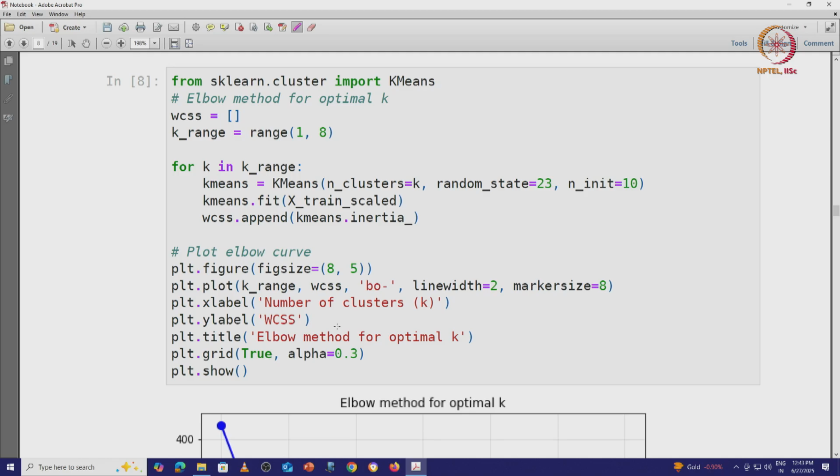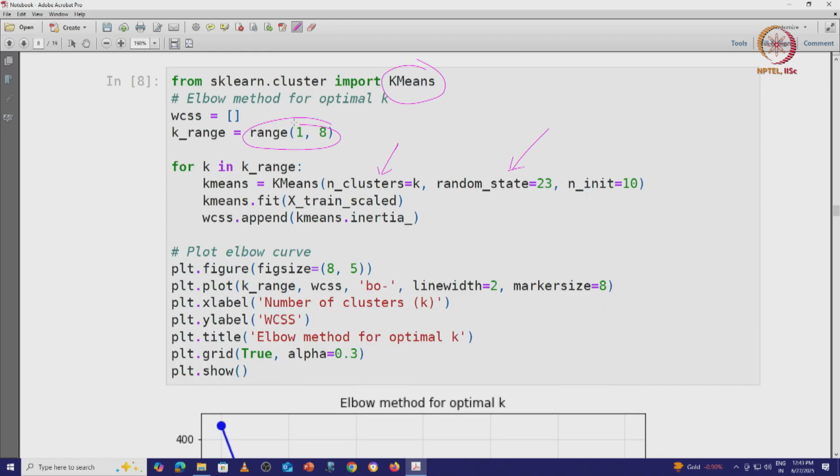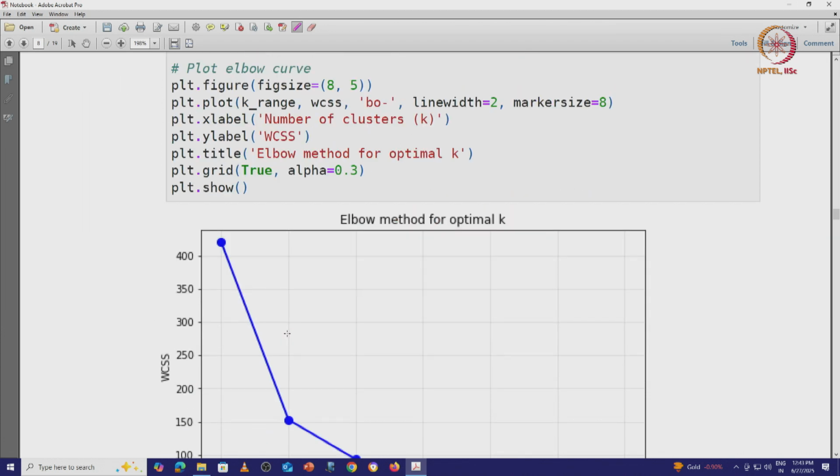Again, implementing it in Python is very easy. There are inbuilt functions, but you should try to do this on your own. Here, specifying the random state is important for reproducibility, and then the number of clusters we are trying to vary from 1 to 8. 1 of course means that all points are in one cluster. We are plotting here the number of clusters versus, on the y axis, the WCSS.